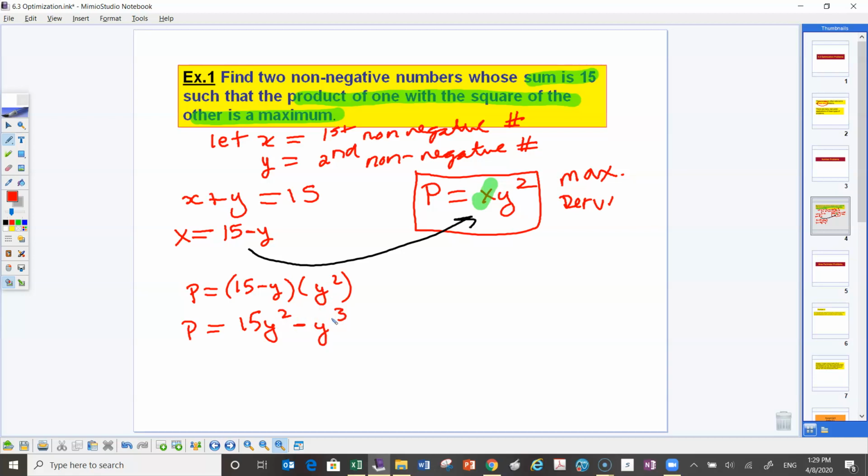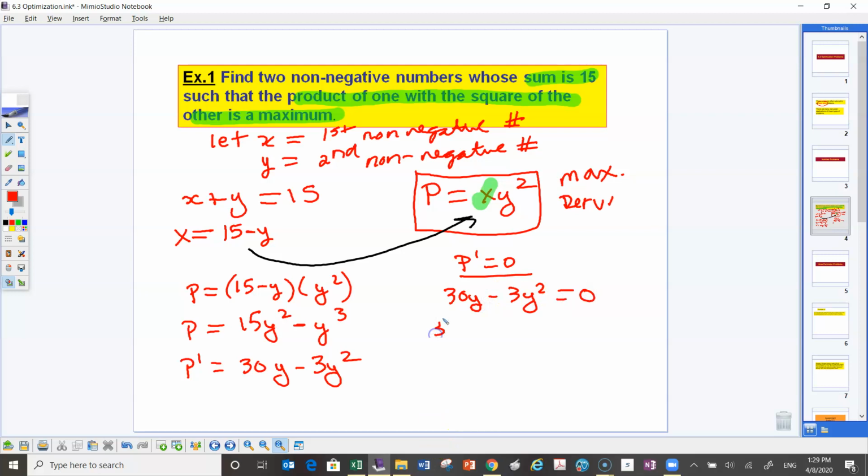Now, just like before, to find the maximum, I want to take the derivative. So the derivative of this is going to be 30y minus 3y squared. And I want to figure out what makes the derivative 0. I don't need to worry about what makes it undefined, as it's a polynomial. So I set the derivative to 0.